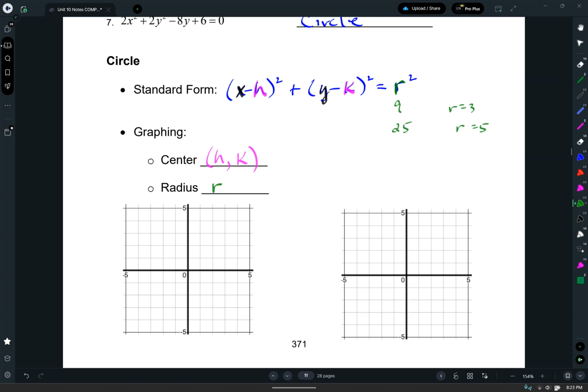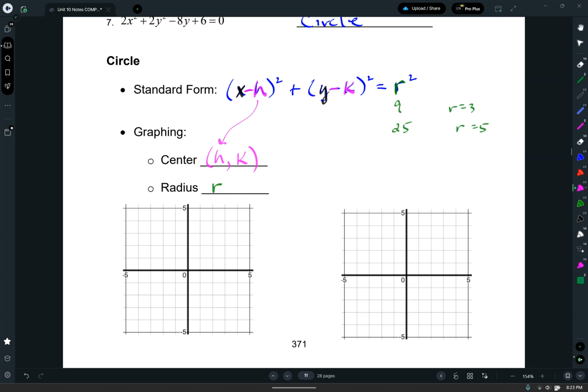Okay, the other thing for the center, you'll notice up here in the standard form of the equation has this as x minus that number and y minus that number. And it doesn't have to be a minus, it could be a plus. But notice when I wrote the center down here as an ordered pair, it was just h and just k, meaning that in order to know what that number is, you're going to put the opposite.